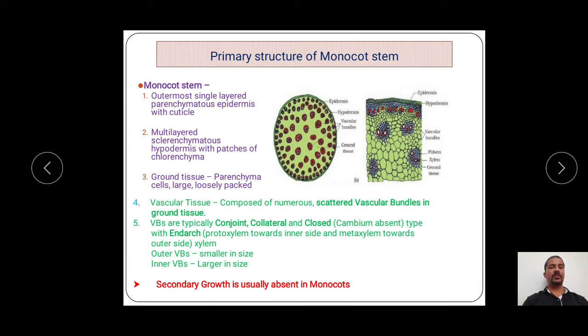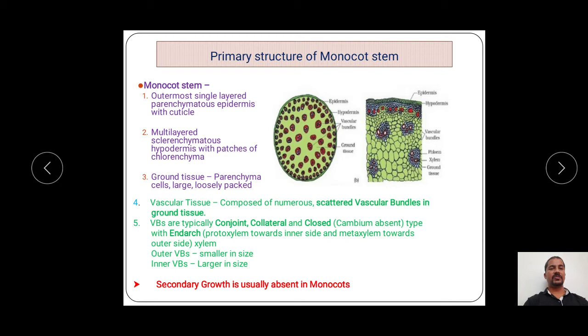Then below the epidermis, a multi-layered sclerenchymatous hypodermis is present, which shows patches of chlorenchyma, which is a photosynthetic tissue. Then inside the hypodermis there is a very large tissue called the ground tissue, and this ground tissue occupies the maximum area of the monocot stem.